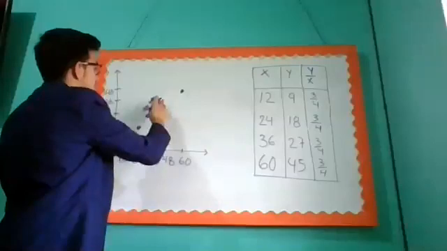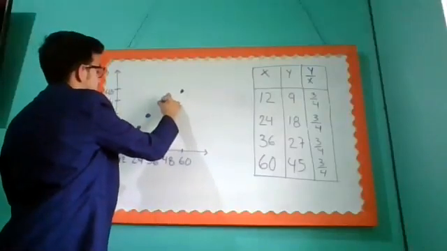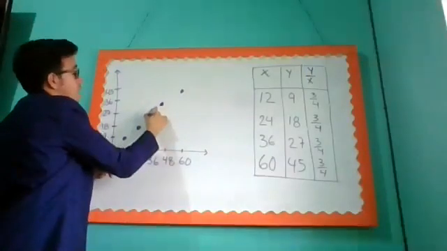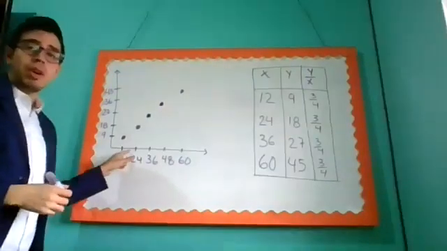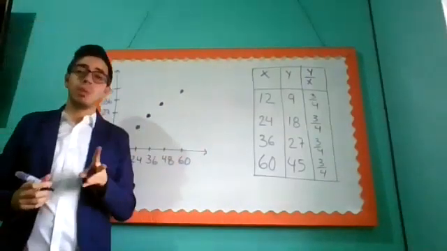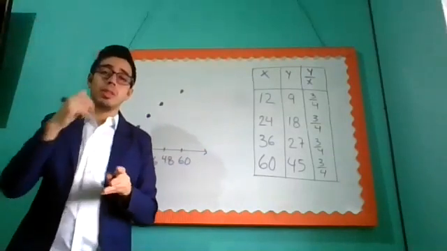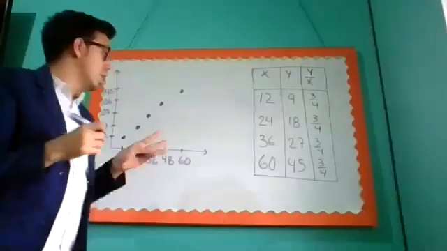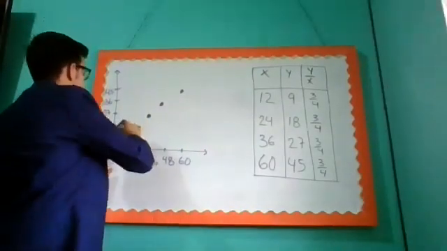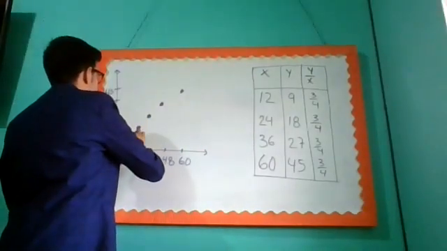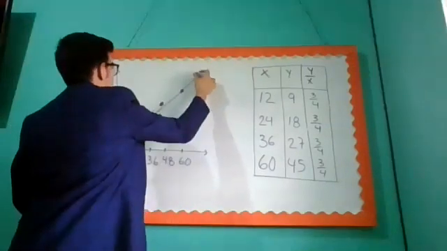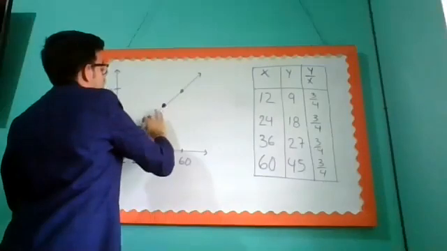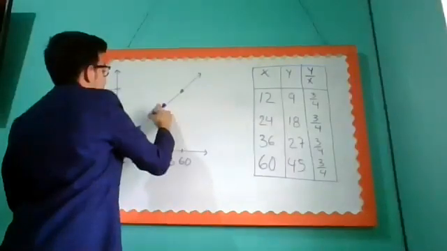I'm going to move this if necessary, because it has to be represented as a line. Maybe mine is not going to be perfect, guys, because remember, I'm not using a ruler and I don't have a grid on the board. But the important thing is that I'm going to show you this is represented by a line like this. I'm going to move the points so you can see the points over the line.